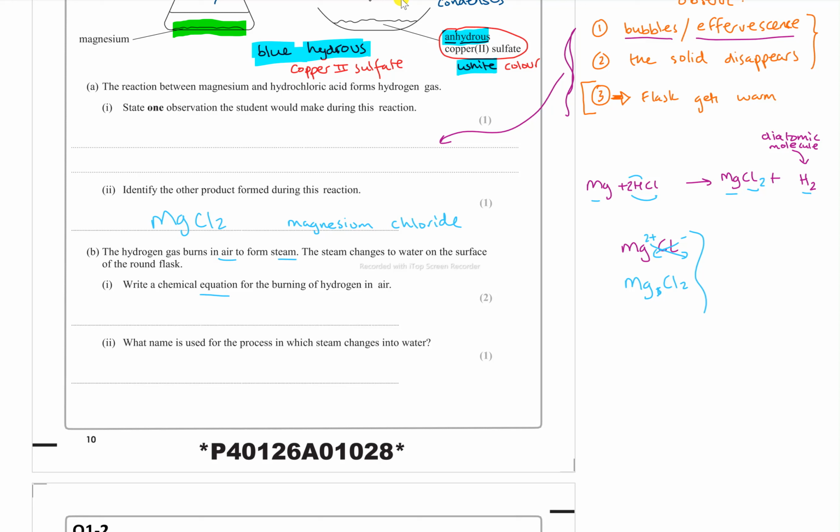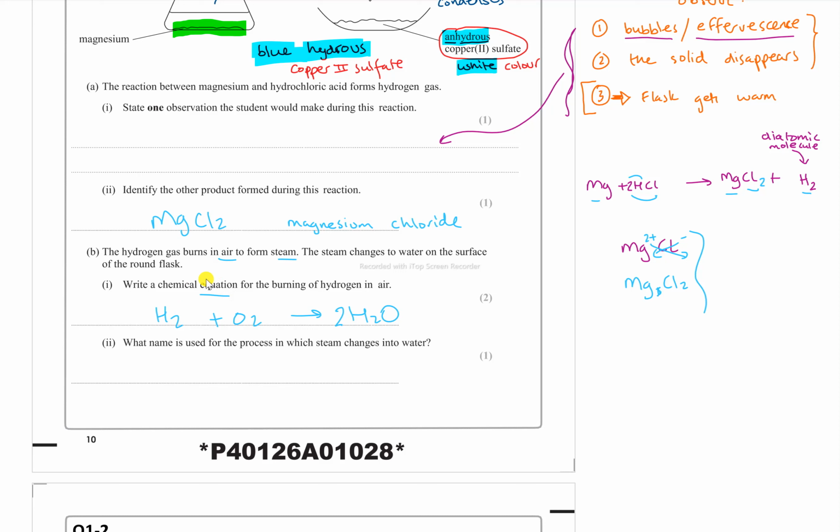Right, hydrogen burns in air to form steam. Write a chemical equation for it. So it's H2 plus O2 gives H2O. Now we need to balance. The hydrogens are balanced, but the oxygens are not, so I need to put 2 there. So now, watch this, I've got 2 oxygens, 2 oxygens. I've got 2 times 2, which is 4. I've only got 2, so I need to stick a 2 here.